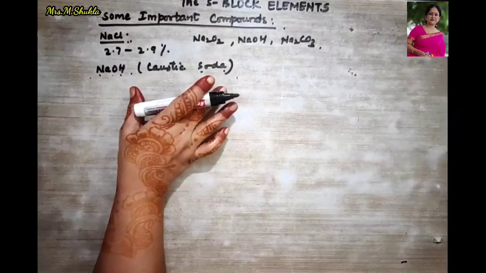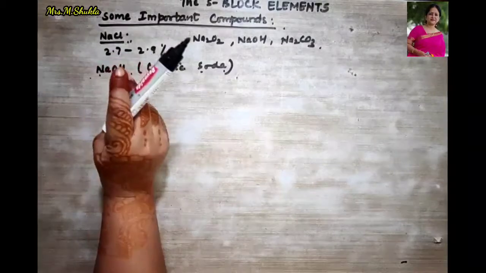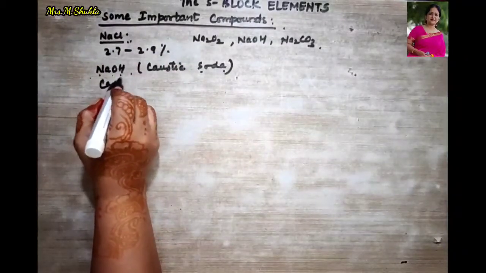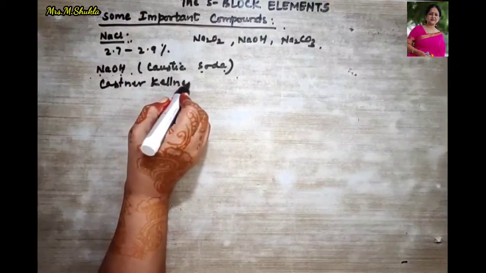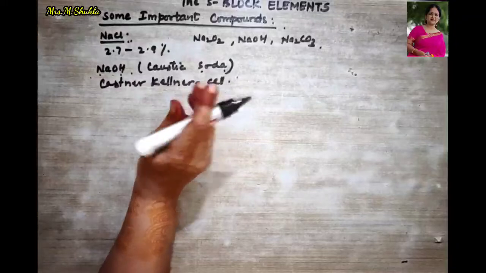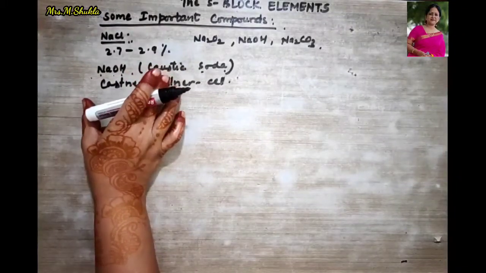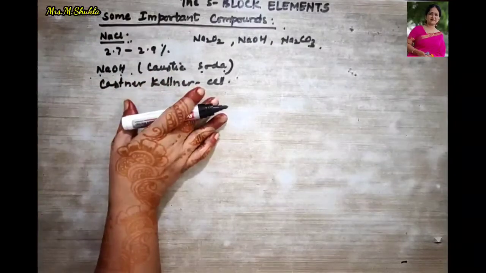Commercially, it is prepared by the electrolysis of NaCl, in the Castner-Kellner cell, right? So a brine solution is electrolyzed using a mercury cathode, and a carbon anode is used over here.